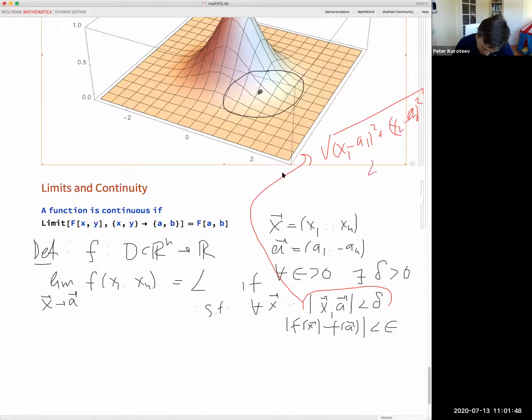That thing should be less than delta, which means there's a circle of radius delta, so that if the point x lies inside the circle, such that this distance is less than delta, it would follow that the value of the function at x minus the value of the function at a should be less than epsilon.